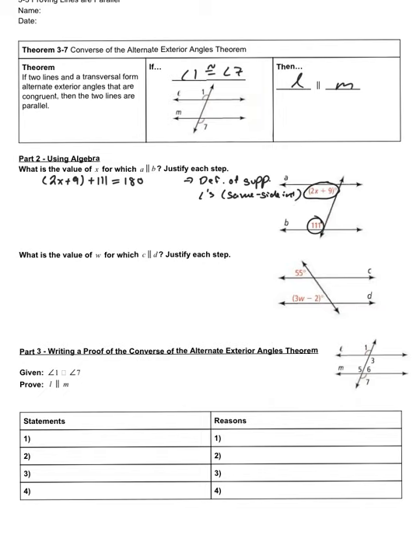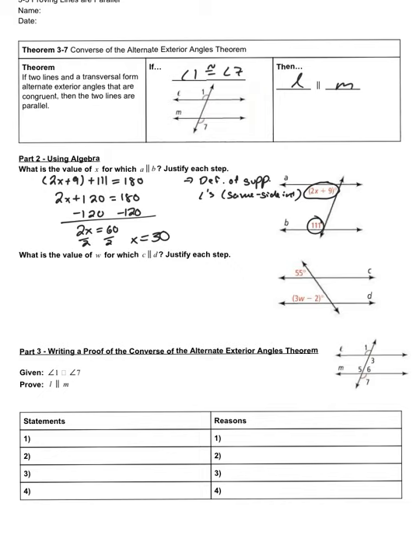All right, now we just got to combine like terms. We have 2x plus 120 equals 180. Subtract 120 from both sides. So we have 2x is equal to 60. Divide both sides by 2. And x is 30, okay?